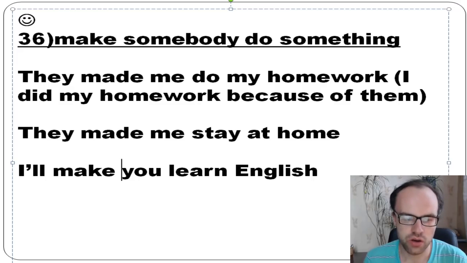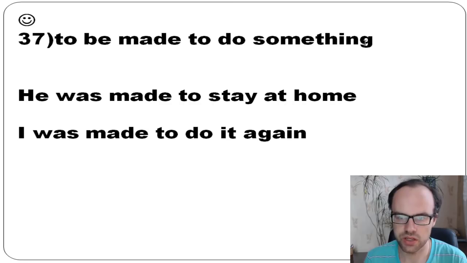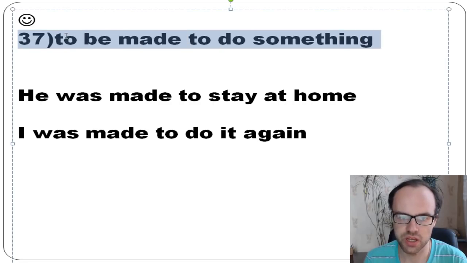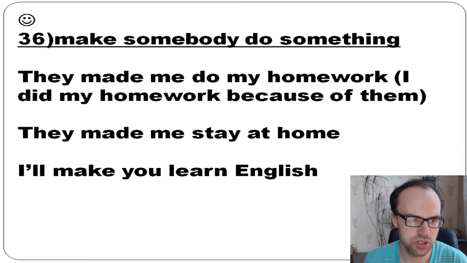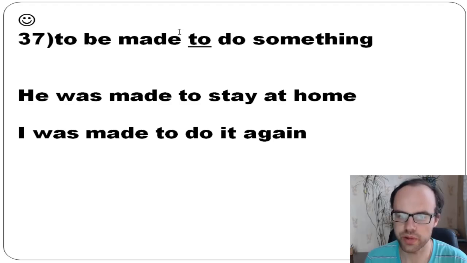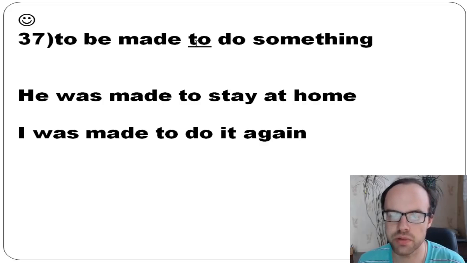Well, you know that we often use the structure in passive voice. If it's in passive voice, don't forget to use "to": to be made to do something. So we have make somebody do something without "to," and if the structure is in passive voice, you need to use "to be made to do something," and it has the same meaning.